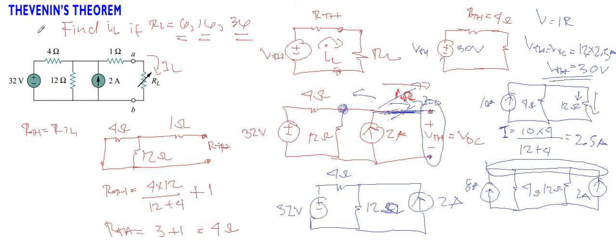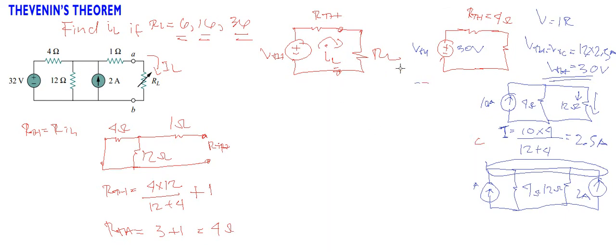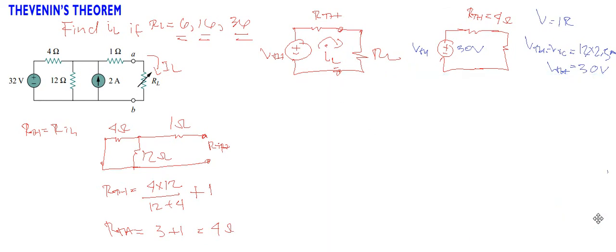Now we can easily solve for the current flowing in that load. Of course, we have VTH, which is 30, and RTH, which is 4 ohms. Our IL is, by loop, VTH over RTH plus RL.